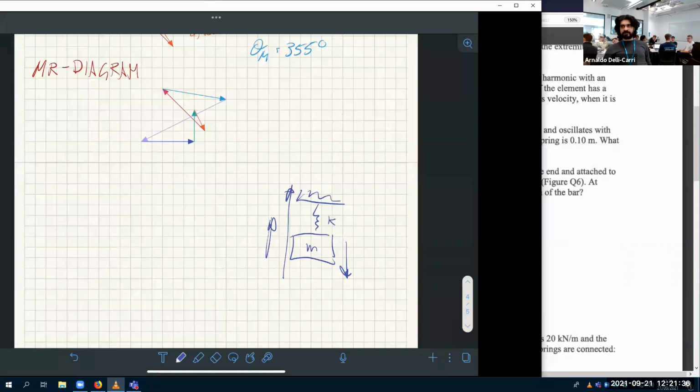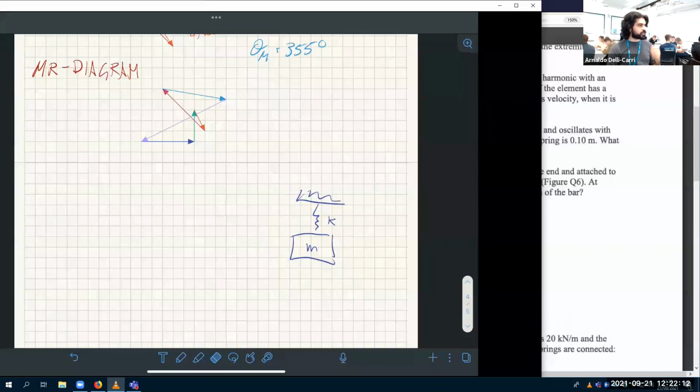If you pull it down and let it go, it will not return to the equilibrium position of the spring, because the mass having inertia will overshoot the equilibrium position, and then the spring will be feeling compression, and so it will be pushing it back down. But since mass has inertia, it will overshoot again, and it will keep overshooting forever because we don't have damping. There is no damping in this example, so it will overshoot forever.